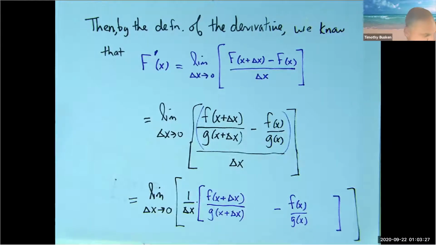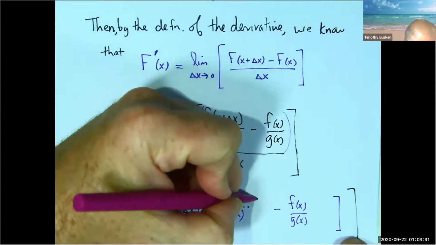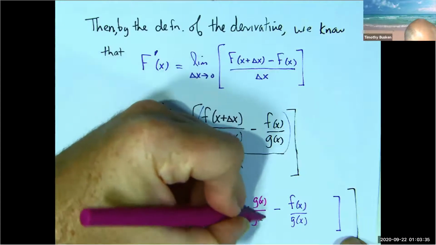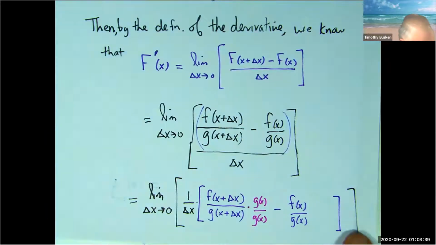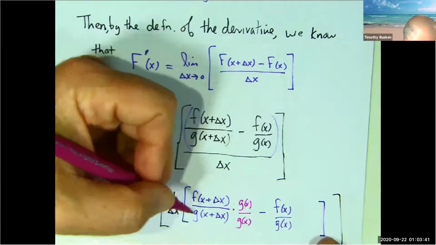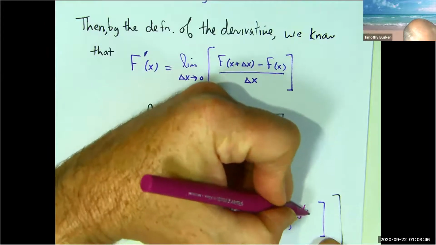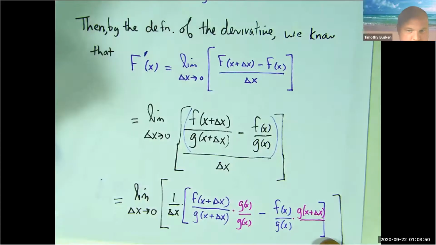And the common denominator is just going to be the product of these two denominators. And so therefore I need to multiply top and bottom of this first fraction by g of x. And the second fraction, top and bottom, needs to get multiplied by g of x plus delta x.